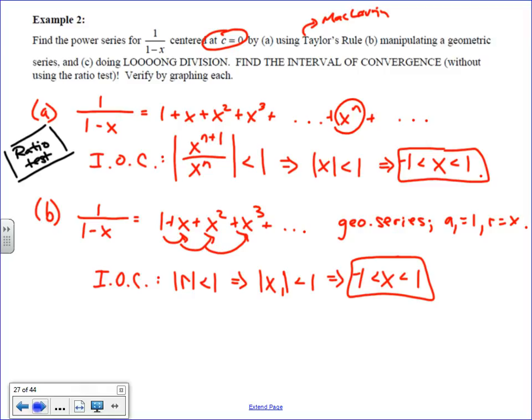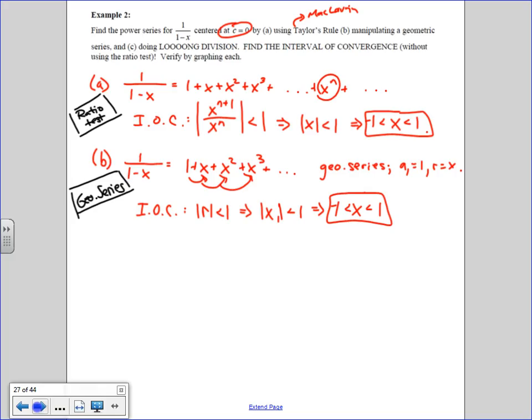So I can think about it as a Taylor series. I can think about it using the geometric series test, basically, right? Of when geometric series converge.